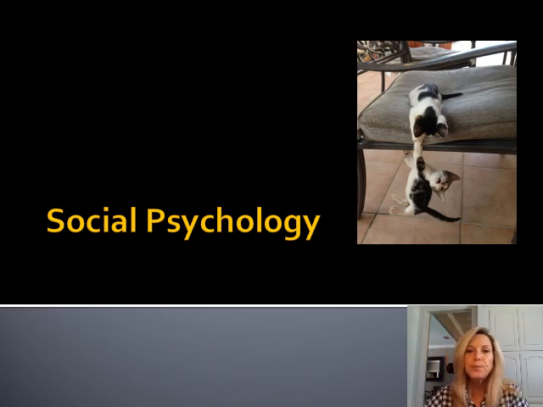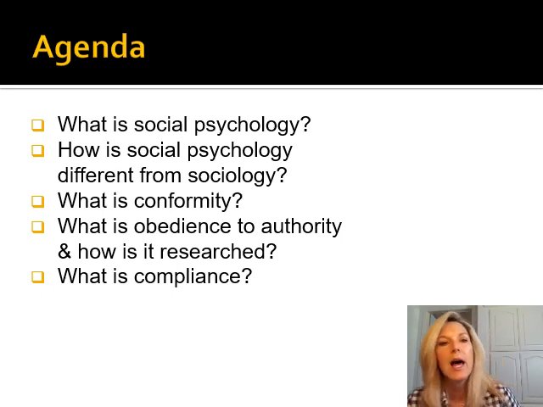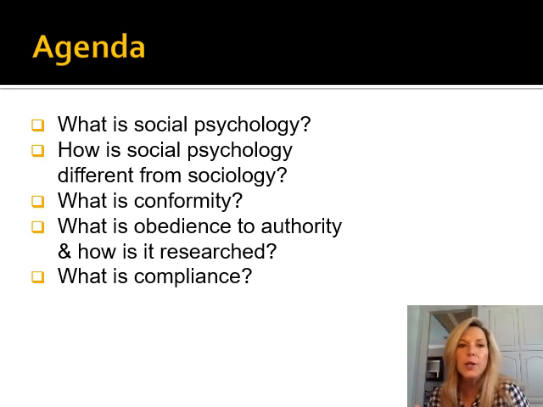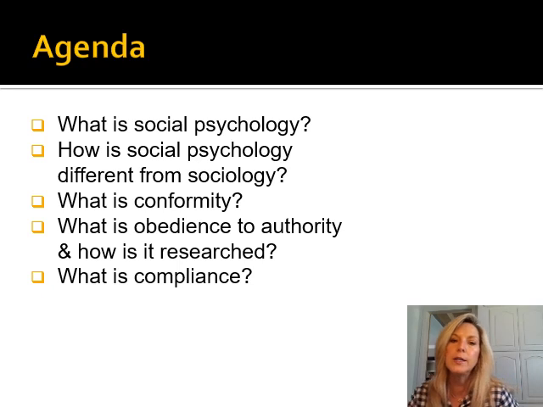So, as we move on, this is basically our agenda, what I would like you to make sure you're familiar with as we move forward and talk about this topic. We're going to define it, how social psychology is different from sociology, and we'll talk about conformity mainly on this particular discussion or video lecture.